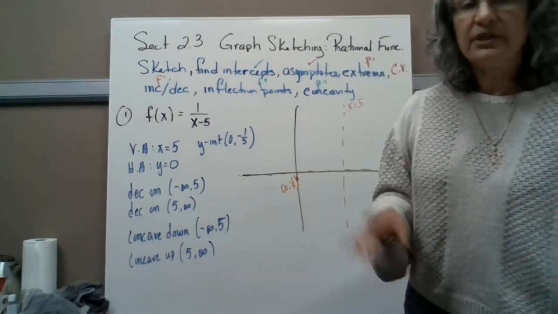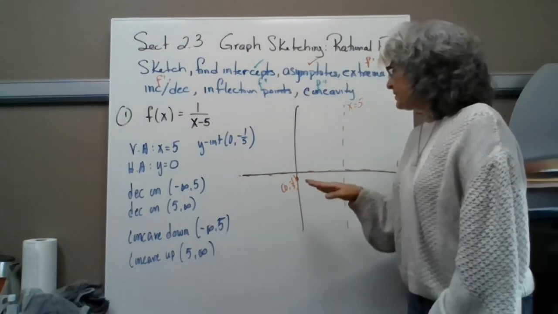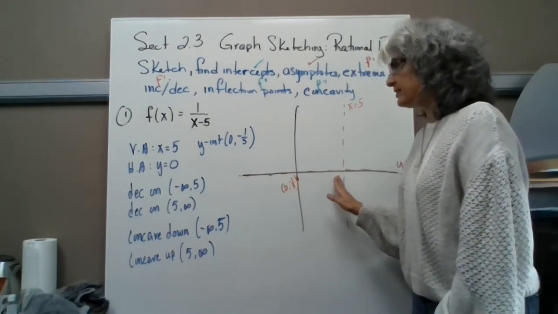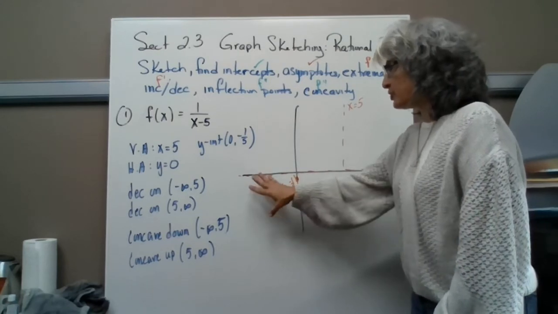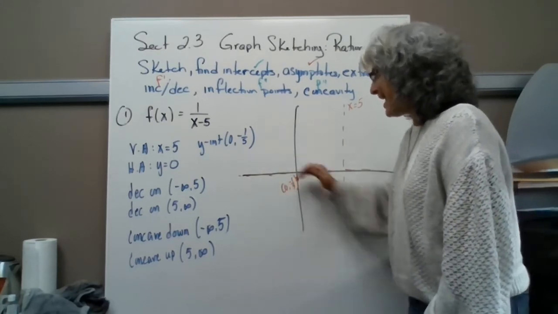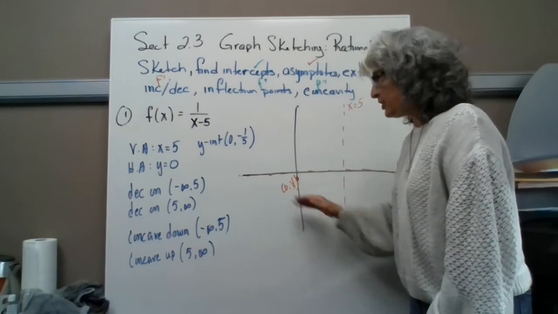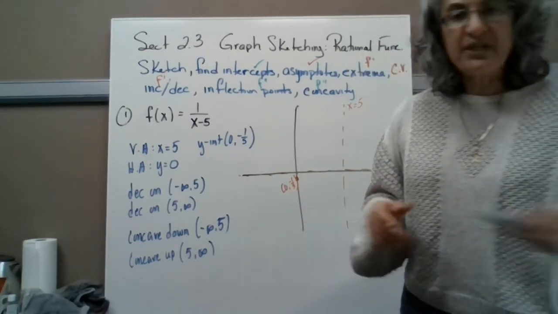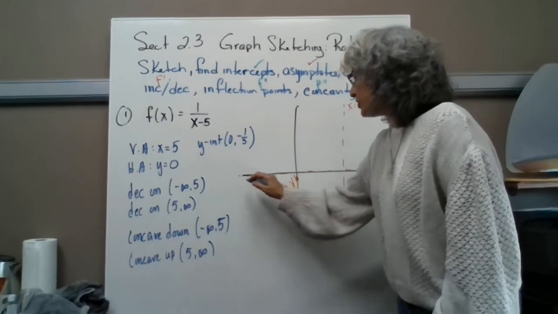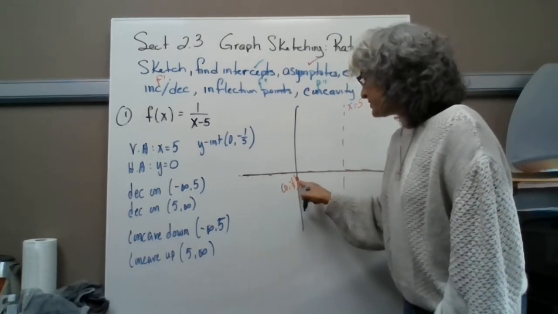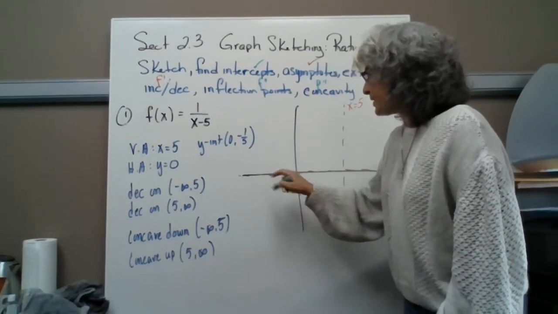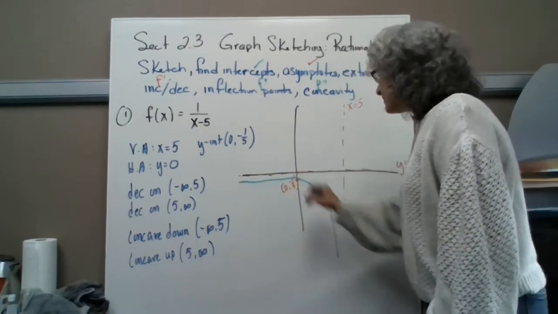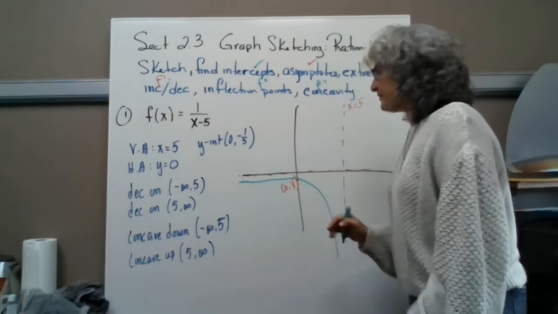I know that on negative infinity to 5, this graph is decreasing and it's concaving down. So it decreases and it concaves down, which means on this interval, your graph, and it's crossing through here, is doing this number, decreases, concaving down.